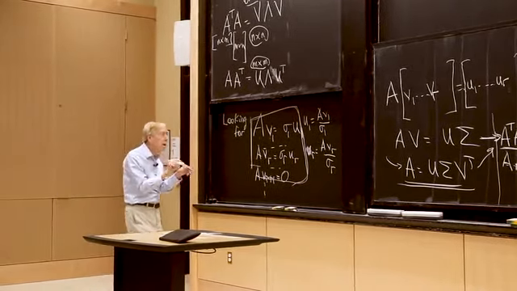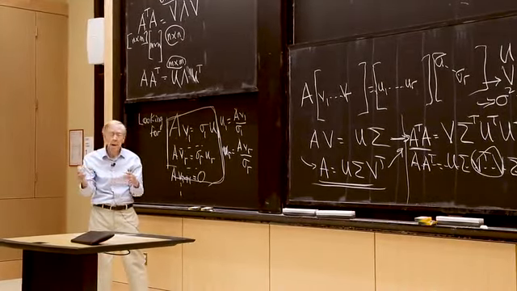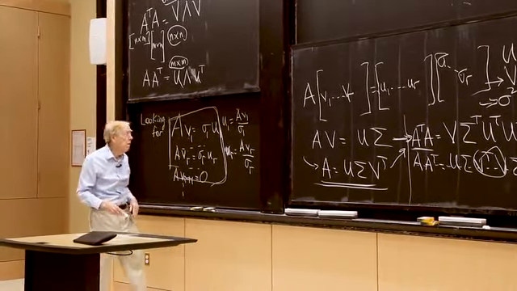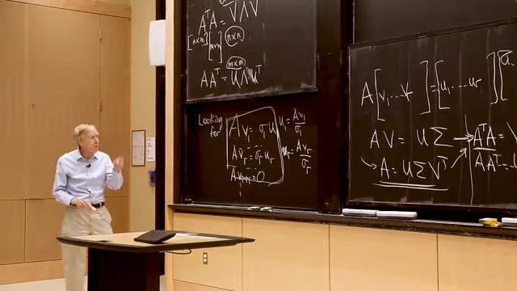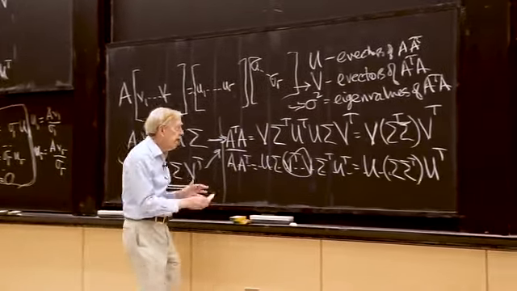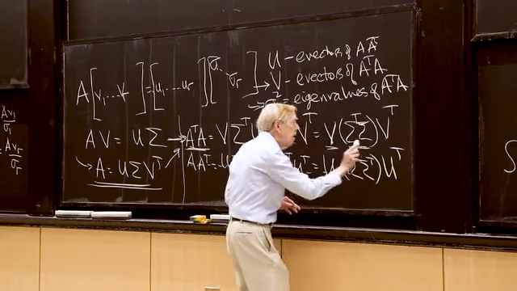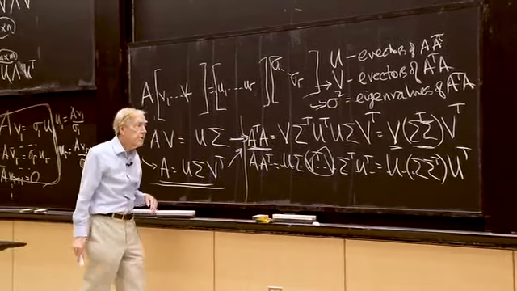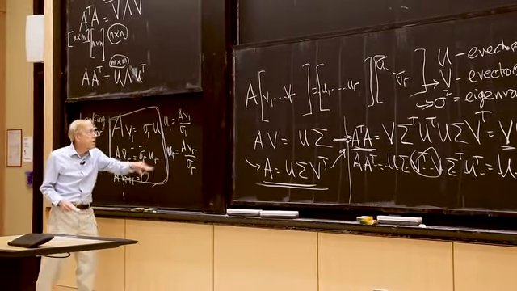I'm picking in a possible plane of things the one I want, the U's I want. So I've chosen the V's, I've chosen the sigmas. They're fixed for A transpose A. The eigenvectors are V's, the eigenvalues are sigma squareds. Okay. And now then this is the U I want.